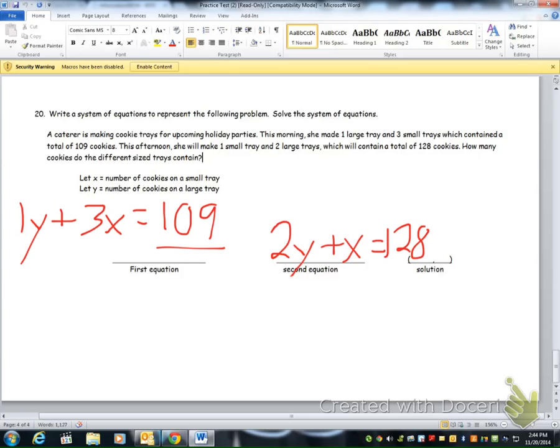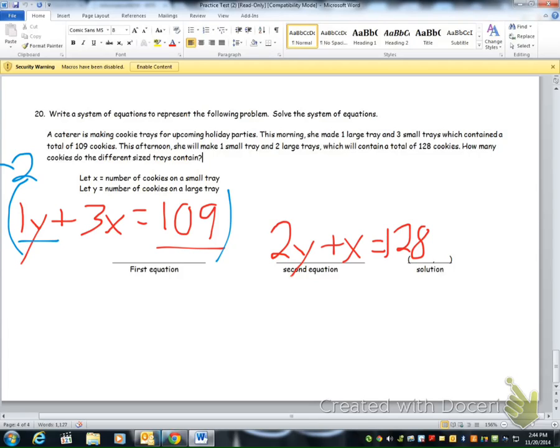So I'm going to take this equation here and I'm going to multiply it by what? Negative 2. Because I want to have negative 2y and I currently have 1y. So that means I need to multiply it by negative 2. And I can do that as long as I multiply everything else by negative 2, right?